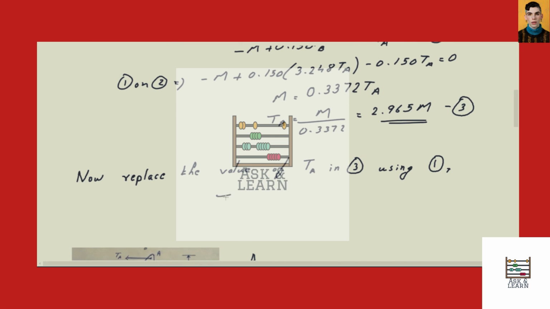That will give us TB equal to 3.248 times 2.965 M, that is 9.632 M. Let's name this equation number 4.